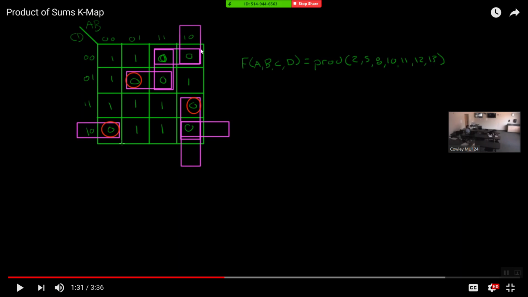This 0 right here is used by this rectangle and this rectangle. This rectangle here is used twice, but this one's only used once, isn't it? And same down here. Now the focus is put on the pairings that included prime implicants, and that's what he'll talk about shortly.